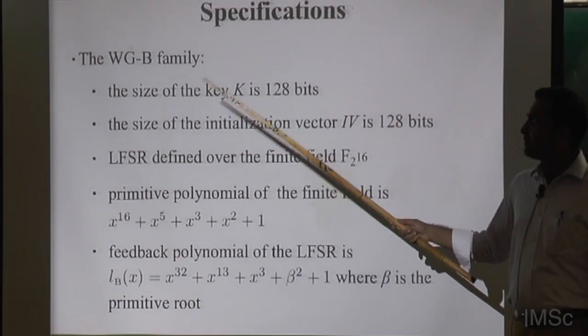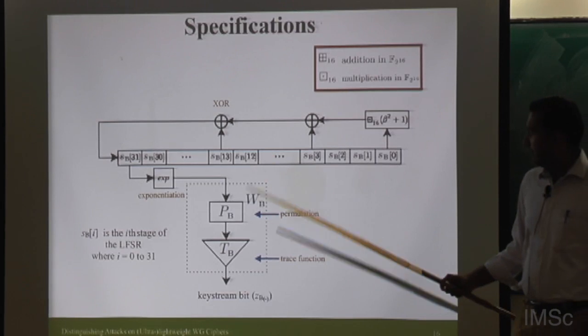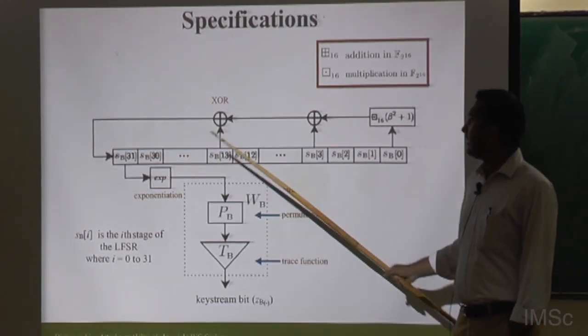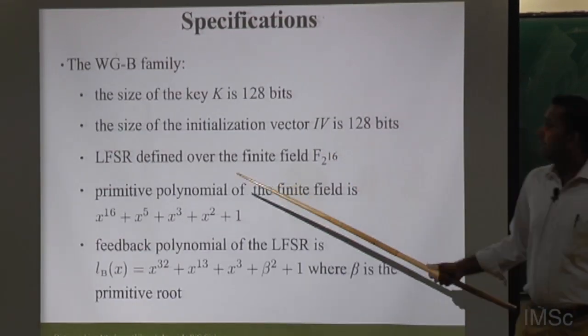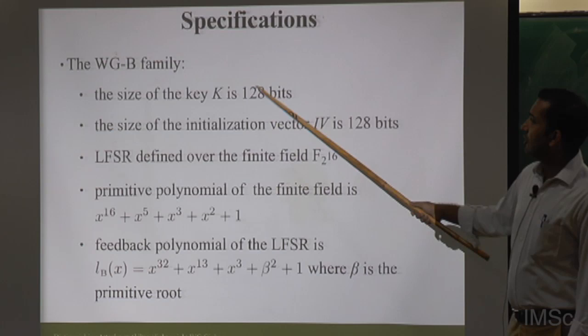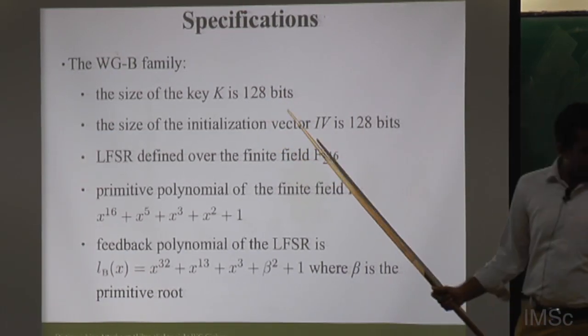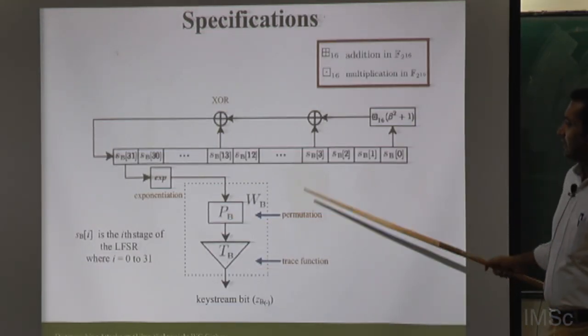WGB has a structure similar to that of WGA, and it consists of a 32 stage LFSR, and WGB uses a key of size 128 bits and an initialization vector of size 128 bits. Remaining components are almost similar.